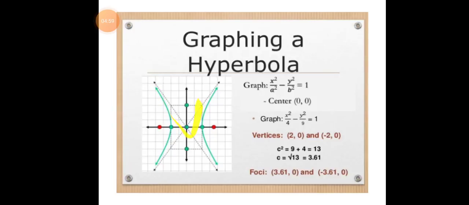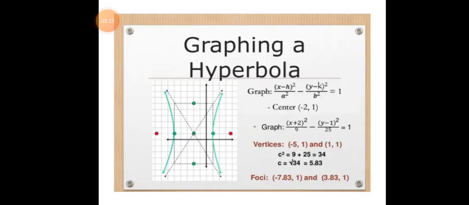So this is the graph. Then c squared equals 9 plus 4, equals 13. Then c equals the square root of 13, which is 3.61. So the foci are 3.61, 0 and negative 3.61, 0.